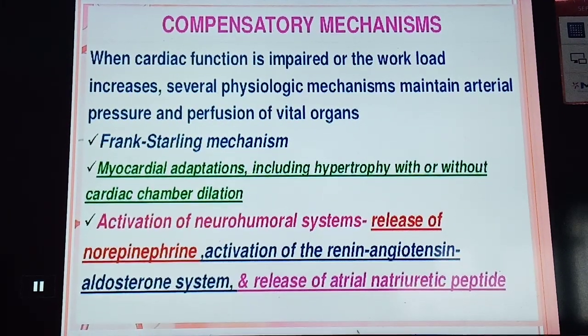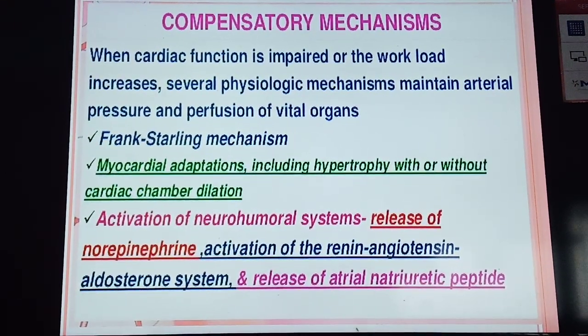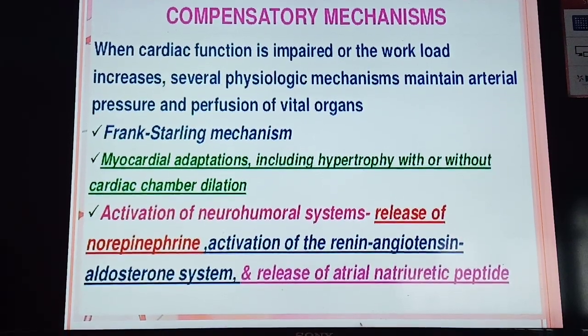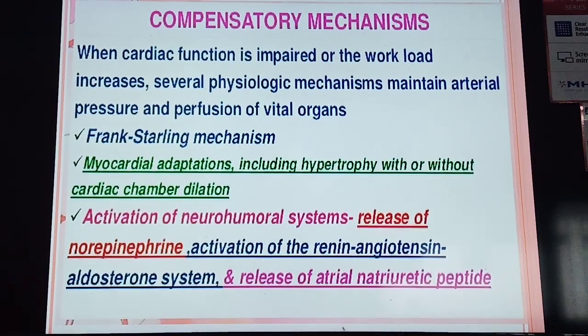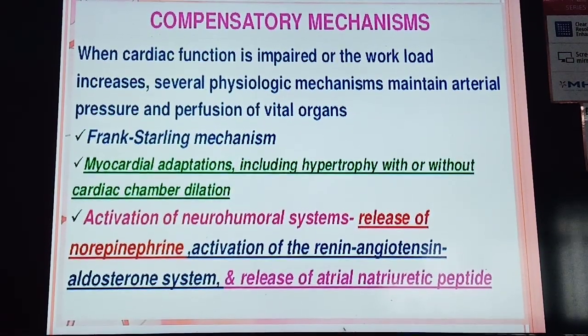Now the compensatory mechanisms. What are the different compensatory mechanisms that occur due to congestive heart failure? When the cardiac function is impaired or the workload increases, several physiological mechanisms maintain arterial pressure and perfusion of the vital organs.